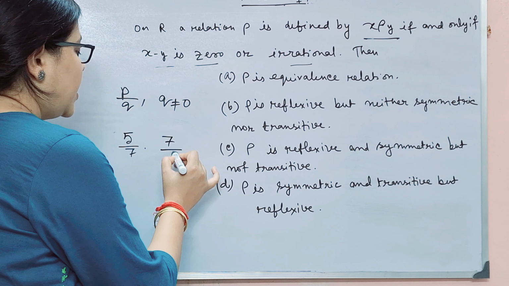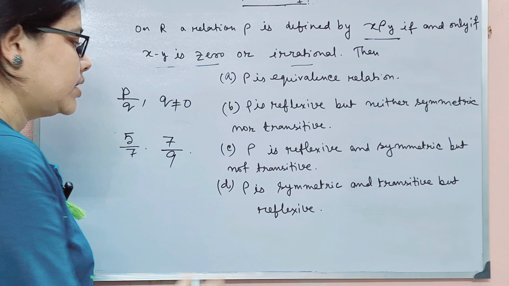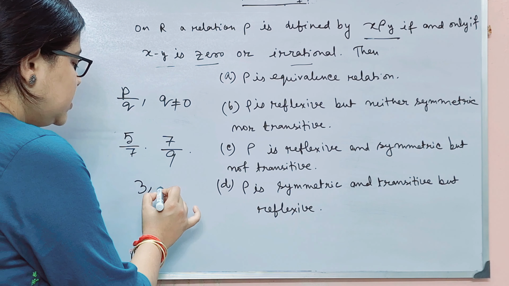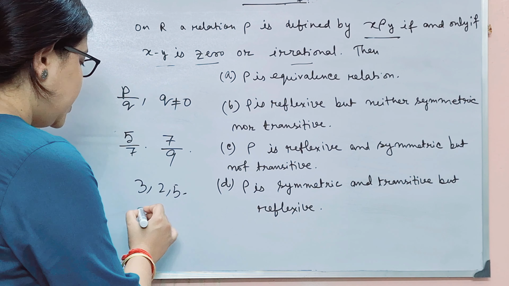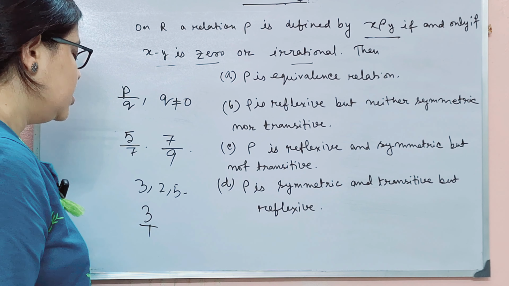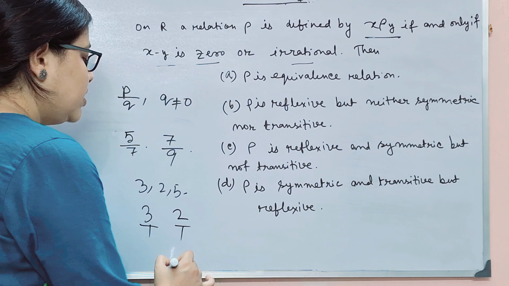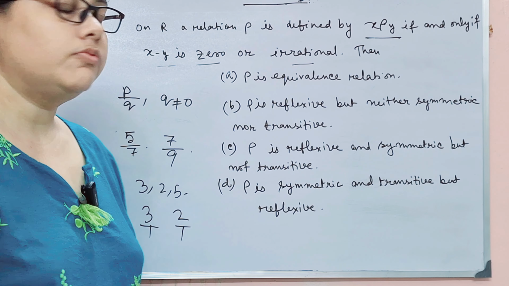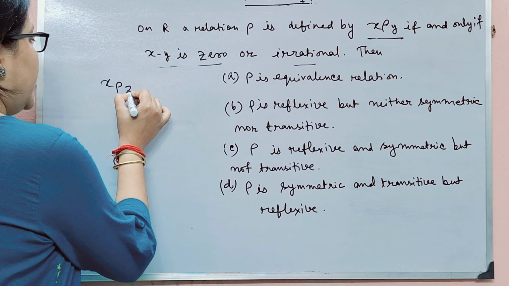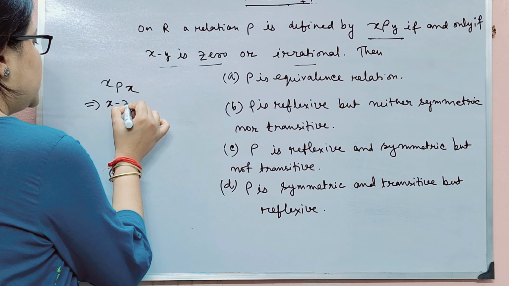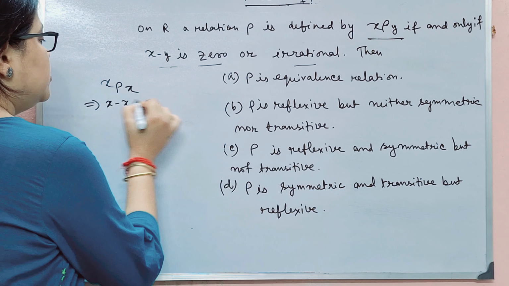Similarly, 7 by 9 is also a rational number. All the integers 3, 2, 5 are rational numbers because 3 can be written as 3 by 1, and 2 can be written as 2 by 1, which is of the form p by q and q is not equal to 0.